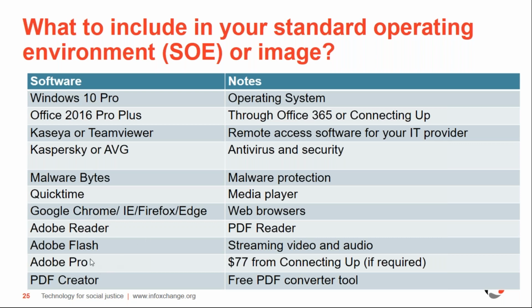So it's the Pro version of the reader, in a lot of ways. It's really worth looking into some of the Connecting Up software that's available to you. You'll save a lot of money and I think a lot of time if you can source that directly through them.